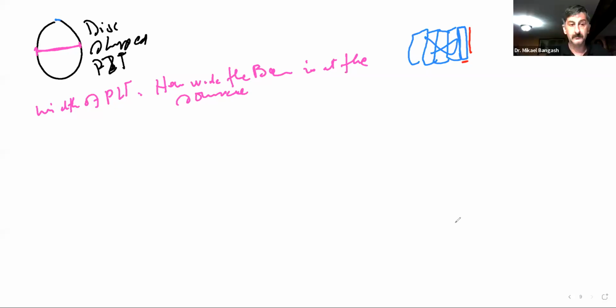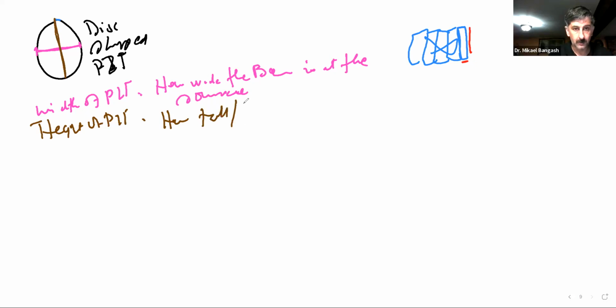Whereas, since it is what we call disc shaped, or round, we can then just refer to this dimension here. Let's just use another color for contrast, which is going to be the height of the PCT. And what is that going to determine? That's just going to determine how tall, or if you want to call it high, the beam is at the source.